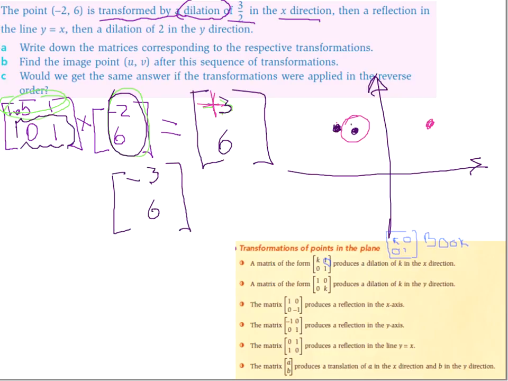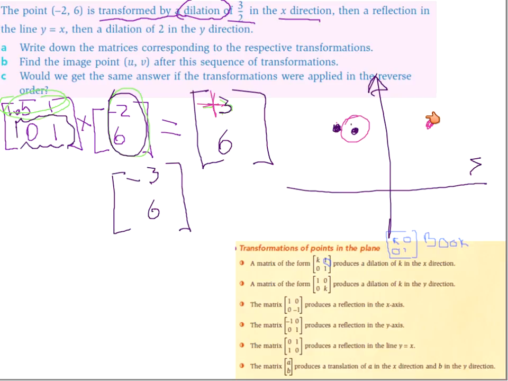The point was at a distance of 2 from the x-axis and was dilated by 3 over 2. So now the point is at a distance 3 from the x-axis.